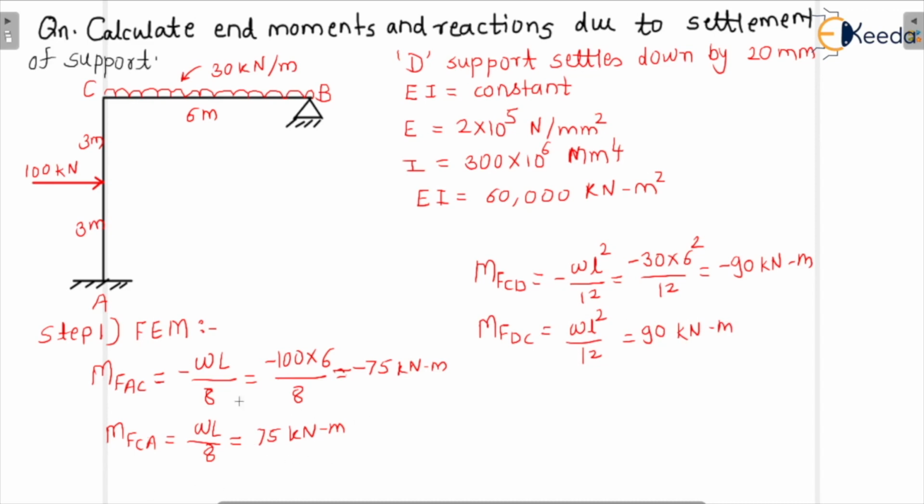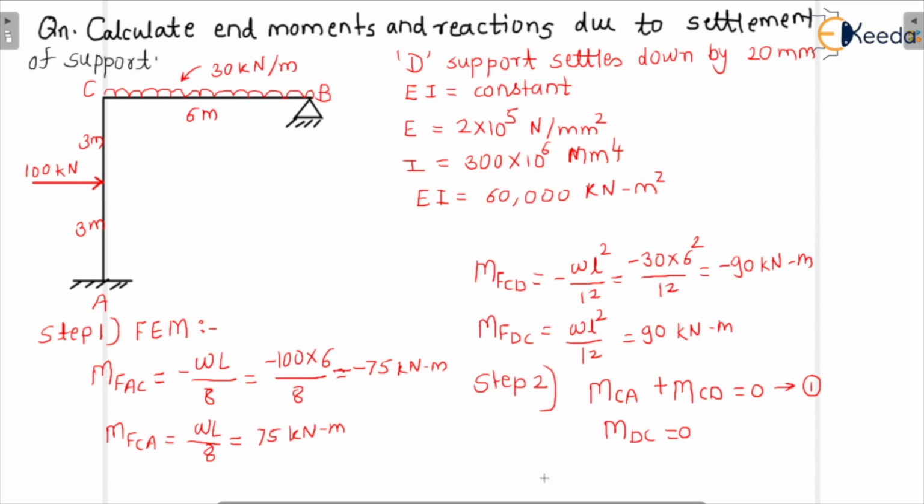Now next thing is to write down the equilibrium equations. Okay, so here step 2, we know that at joint C we can write the equation: M of CA plus M of CD is equal to 0. So we have this one equation and we have another equation, that is M of DC is equal to 0.